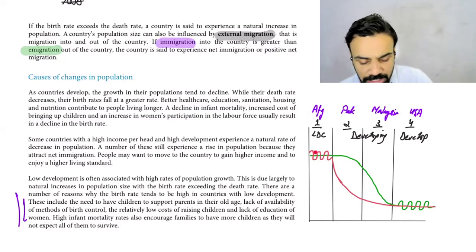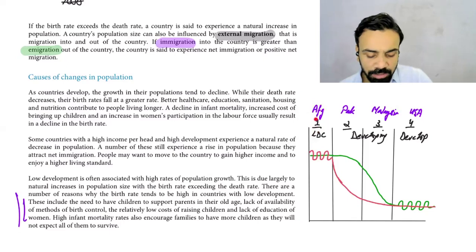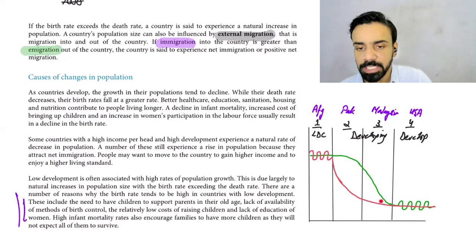अब if you notice, for a country like Afghanistan, high birth rate, high death rate, so the population growth rate is not going to be that significant. But for countries like Pakistan and Malaysia, the birth rate and the death rate have a very big gap between them, and eventually it starts to come down because of improvements in education.